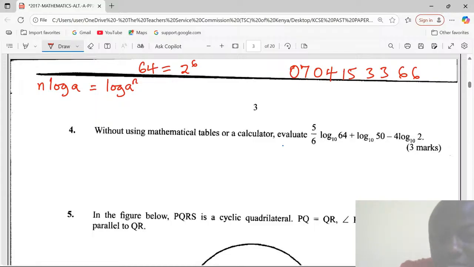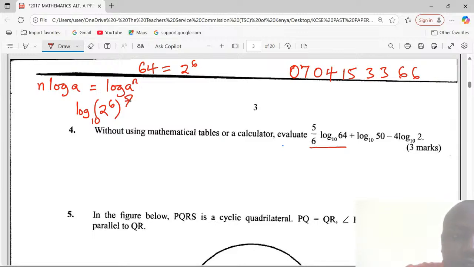So in the first term, we talk about the log to base 10 of, instead of 64, 2 power 6, which is now being raised to 5 over 6, plus the log to base 10 of 50 minus the log to base 10 of 2 power 4.